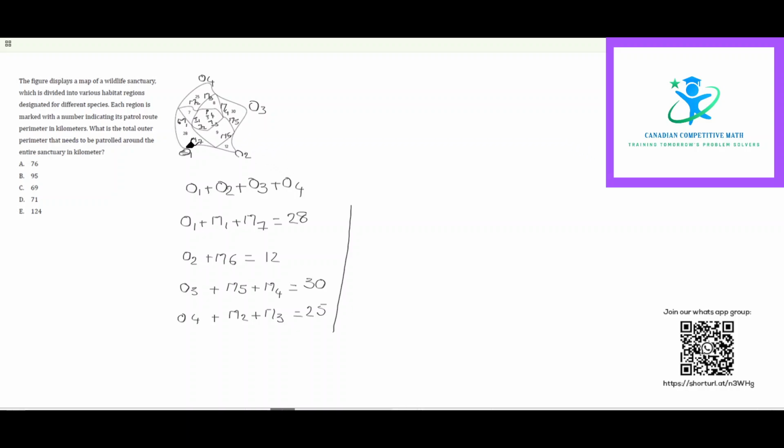Now we calculated the outer sections. Now let us calculate the inner sections here. M1 plus M2 plus I1 equals 7.